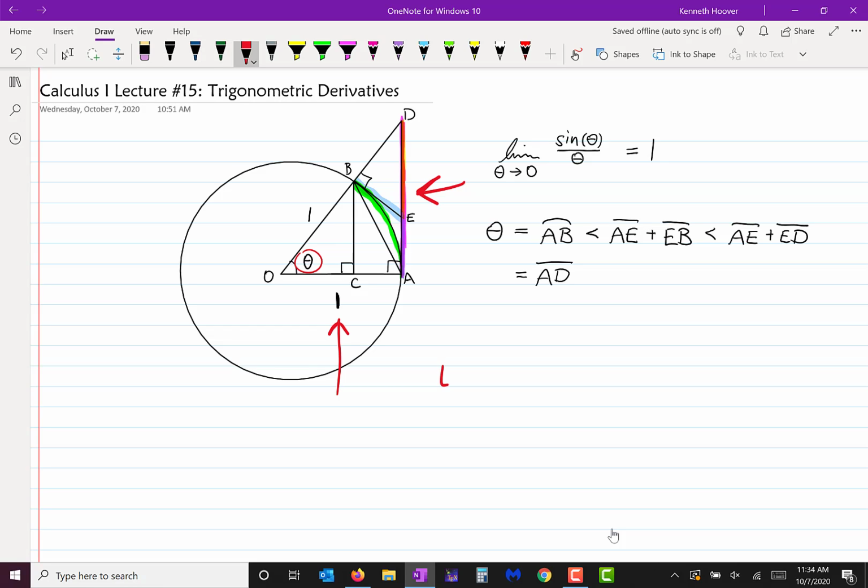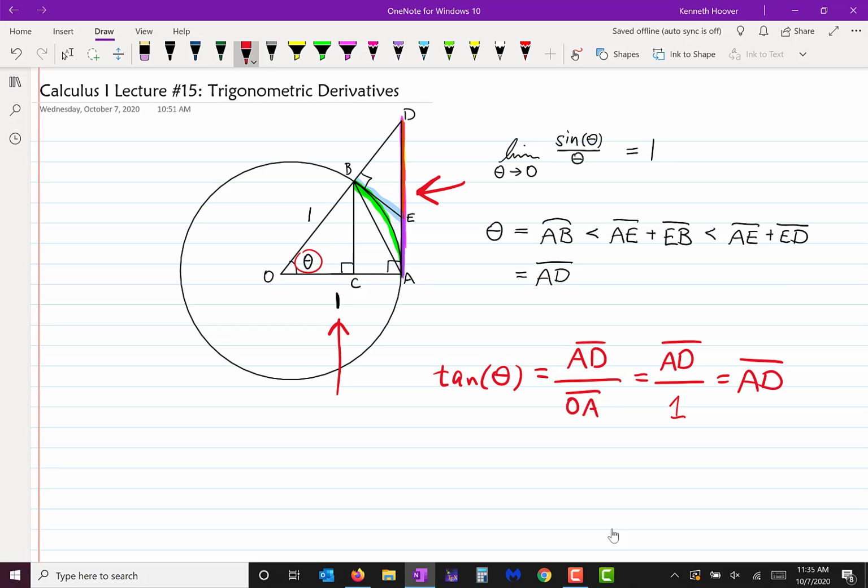So, tangent of theta equals AD over OA, but the length of OA is 1 because I said that that circle has a radius of 1, so that equals the length of AD over 1, which is just the length of AD.